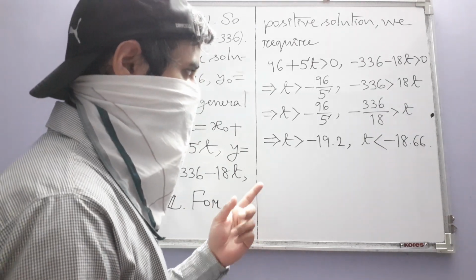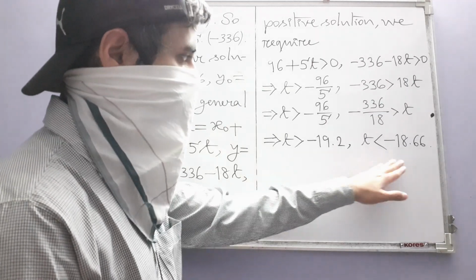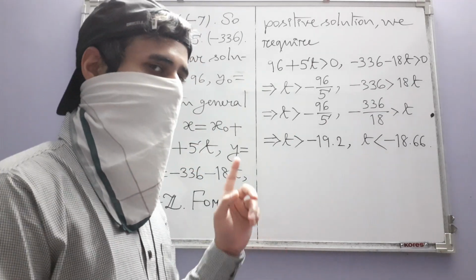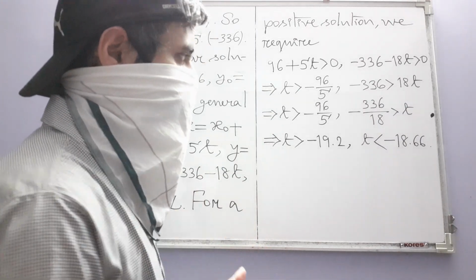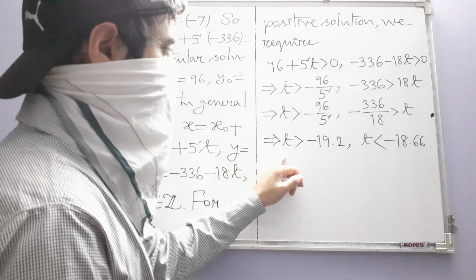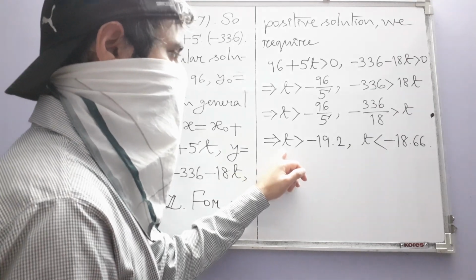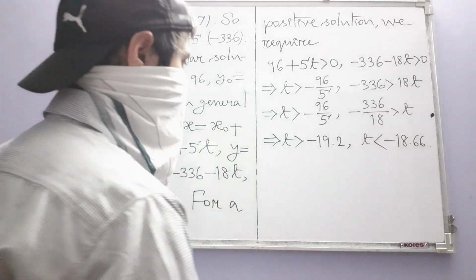So there is only one value of t that will satisfy both of these inequalities, only one integer t, and that integer is t equal to minus 19, because minus 19 is greater than minus 19.2 but is less than this value.